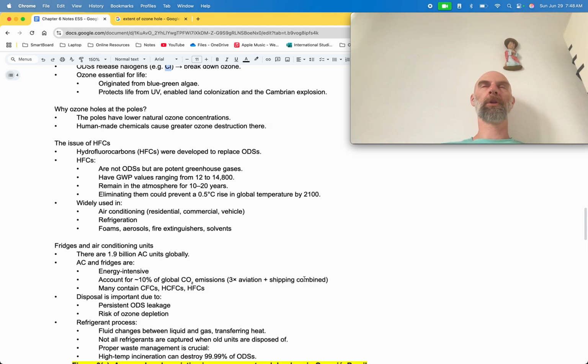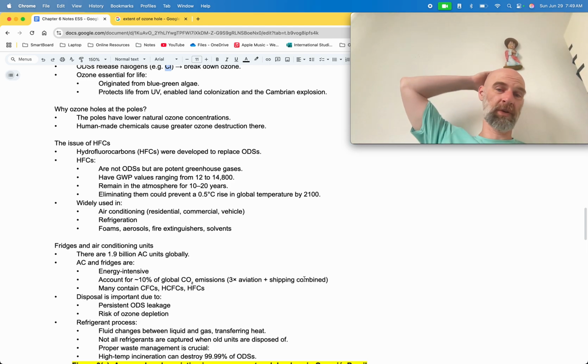They have a global warming potential ranging from 12 to just under 15,000. They remain in the atmosphere for 10 to 20 years, and eliminating them could prevent a 0.5 degrees Celsius increase in global temperature by 2100.